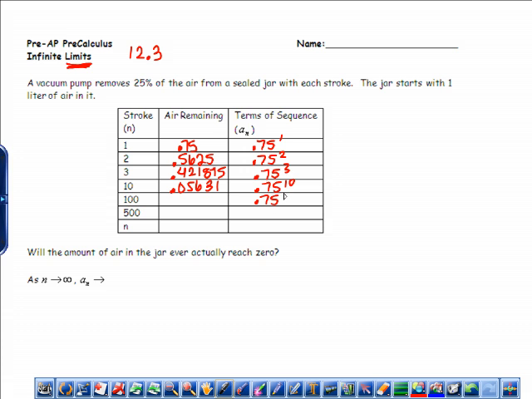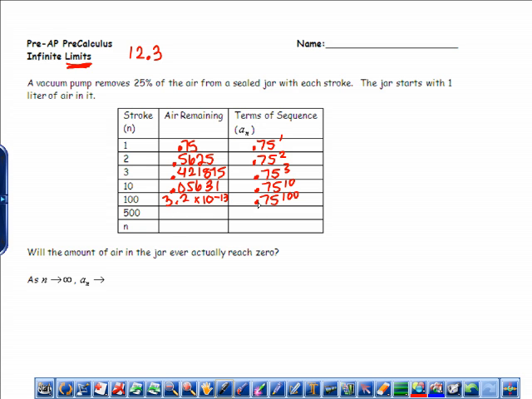So we'd take 0.75 to the 100th power, and obviously your calculator is going to give you this number in scientific notation. We're going to get about 3.2 times 10 to the negative 13th power. So that's a really small number, but it's not quite zero.